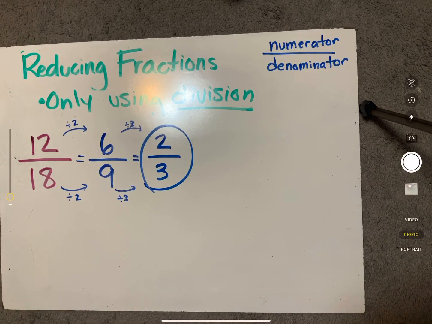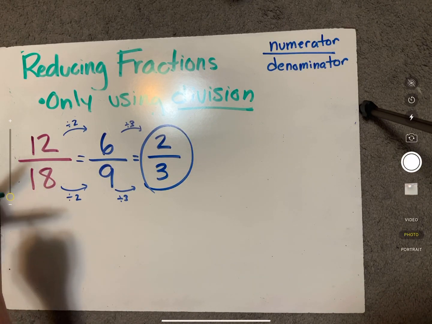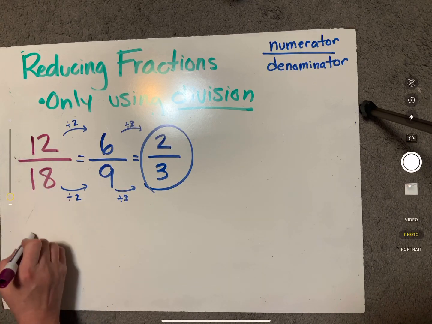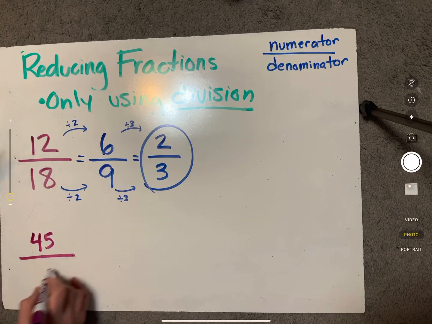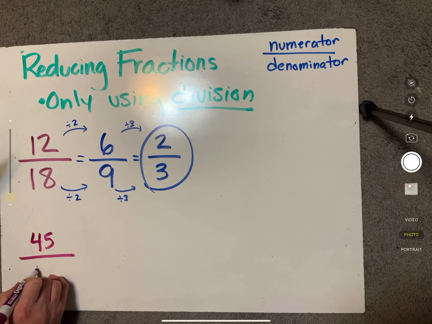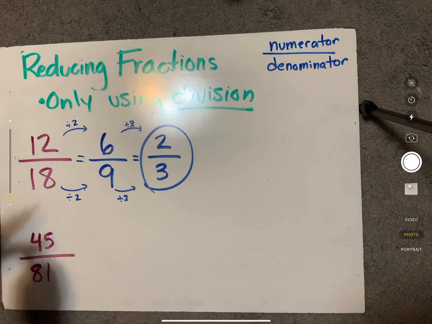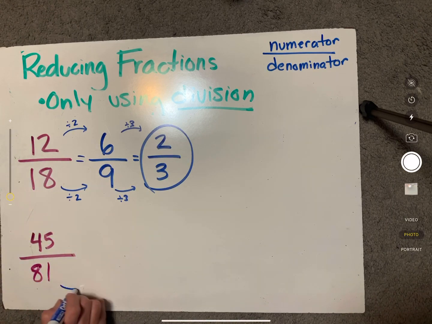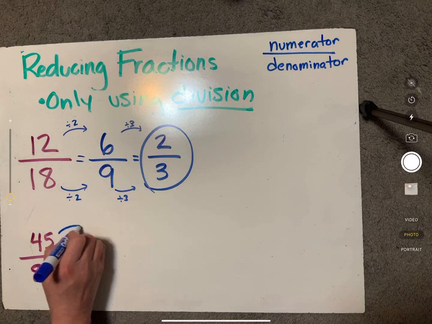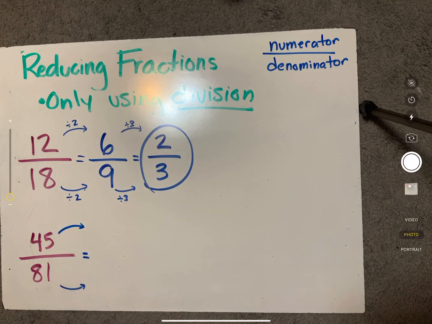2/3. All right, let's do 45/81. Now this one's tough. Now, when I look at this, I know that when I think about division or multiplication, 81 is not a very common answer.